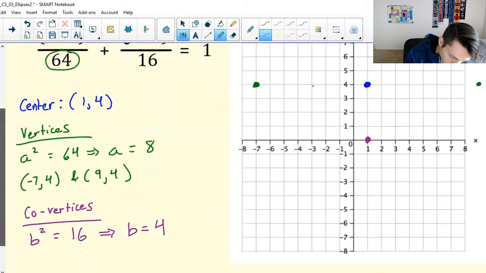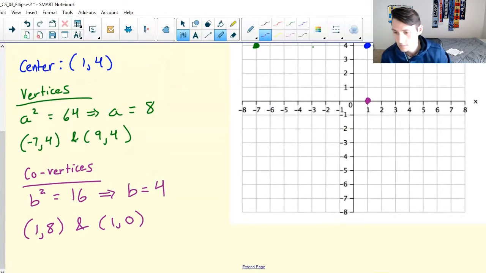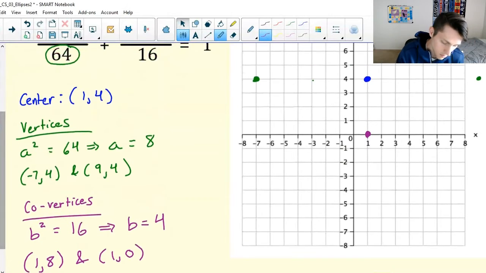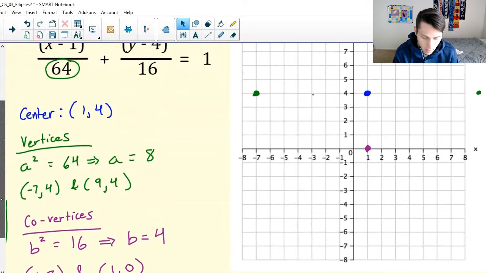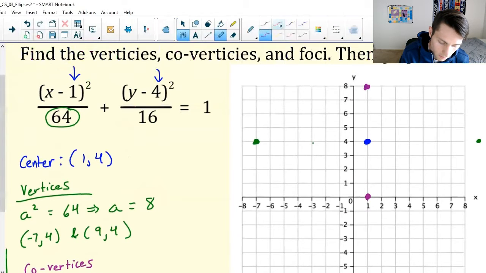Those actual points would be (1, 8) and (1, 0). Those are the co-vertices. And this should be what the skeleton of my ellipse looks like right now.